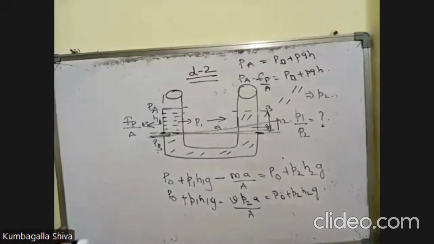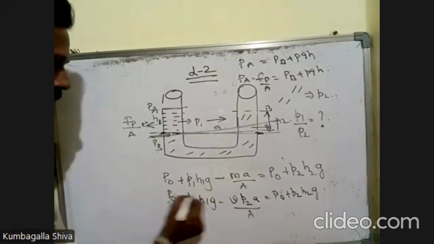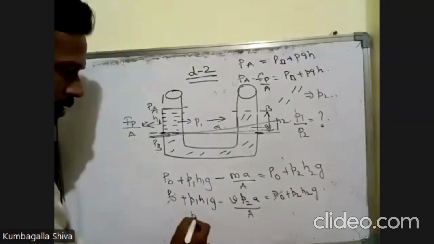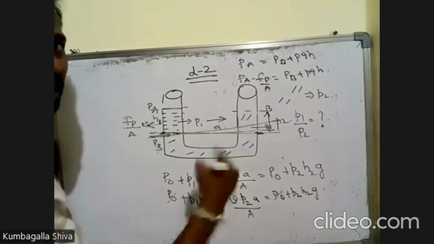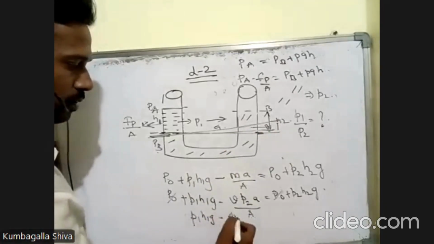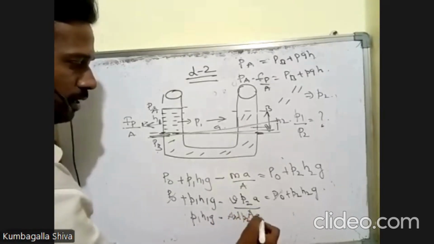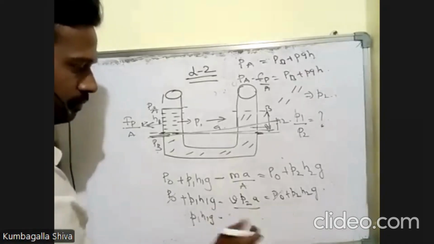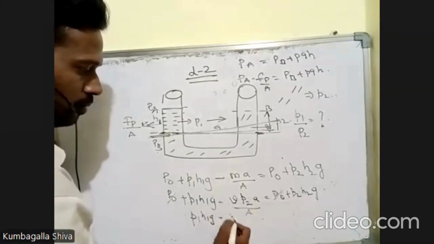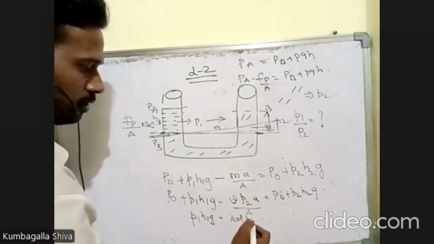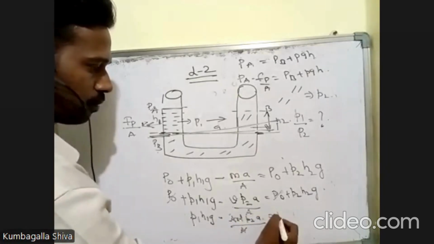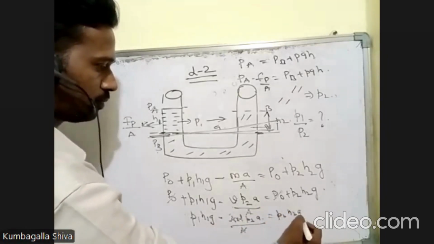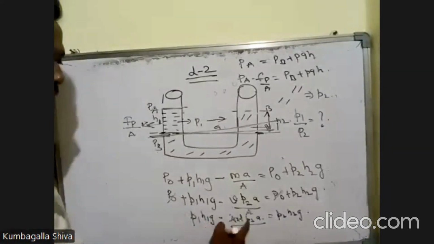So here clearly, P naught and P naught get cancelled, and rho 1 H1 G minus volume, which can be written as area into length, into density of the second liquid, A by A. A gets cancelled, so you get rho 2 H2 G. So I can take this transformation to that side.